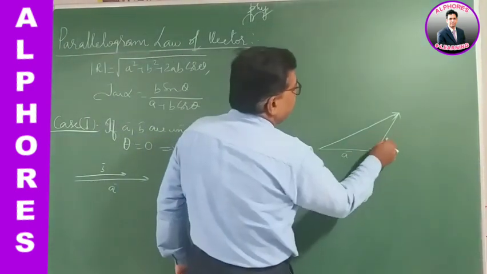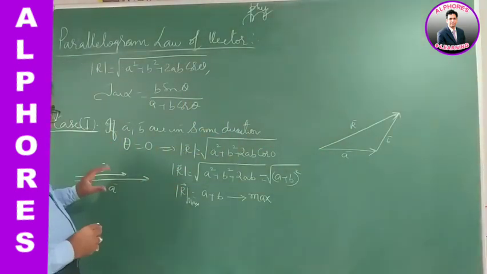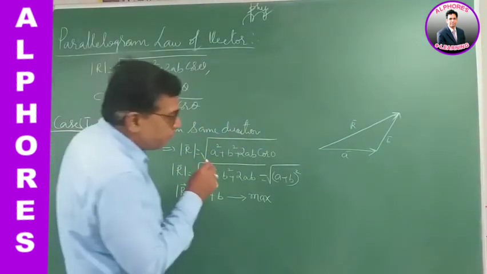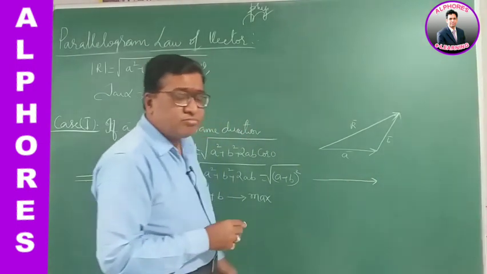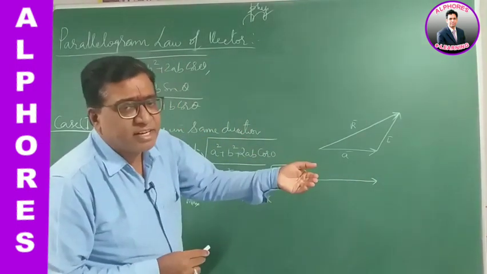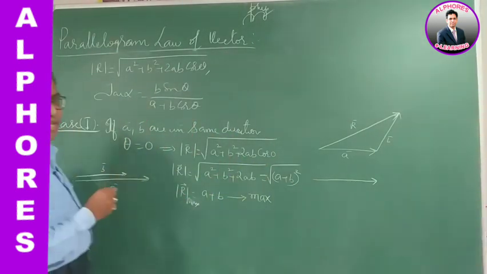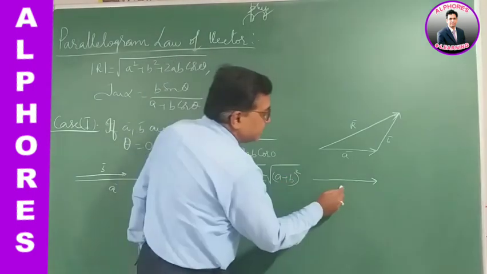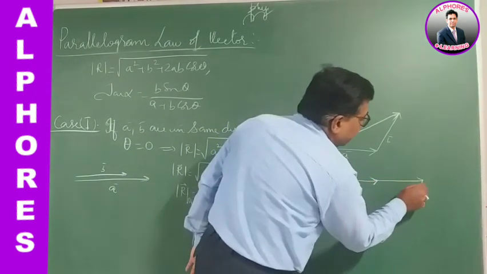So if this is A bar and B bar, this is R bar. Now to find the angle for the resultant vector, the first vector is A bar. If I add the second vector to this, taken in order, in the sense B vector is added to A, the terminal point of A is connected to the initial point of B.